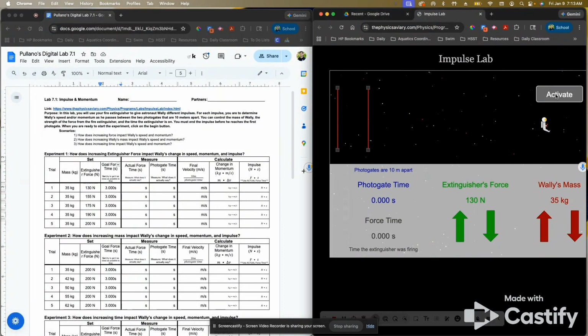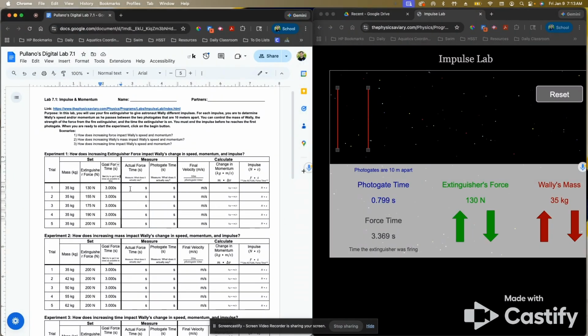But I'm going to click activate here. 1,000, 2,000, 3,000 off. So I was 3.369 seconds, and then it goes through my force gate. So for my actual force time, I would put 3.369. And for my photo gate time, I would put 0.799. Then I'm going to come over to my calculate section. I'm going to find my final velocity by doing 10 meters divided by 0.799.